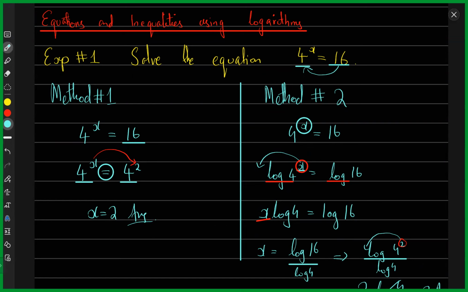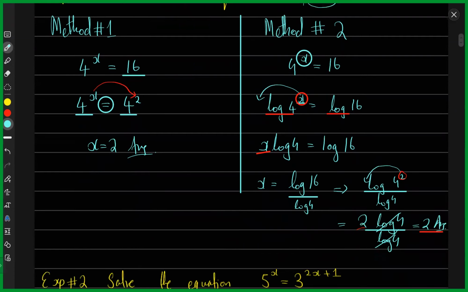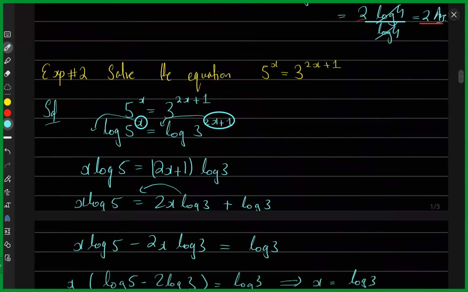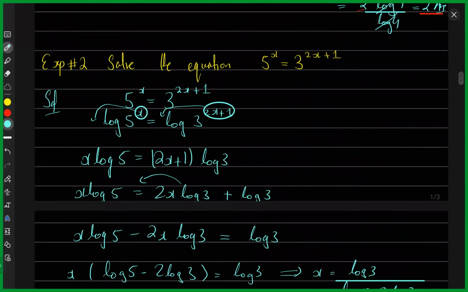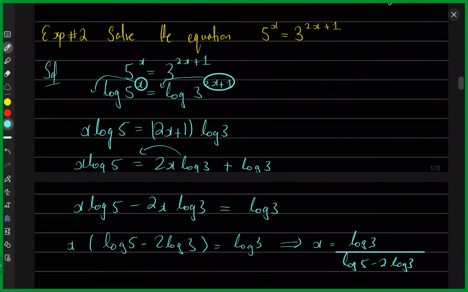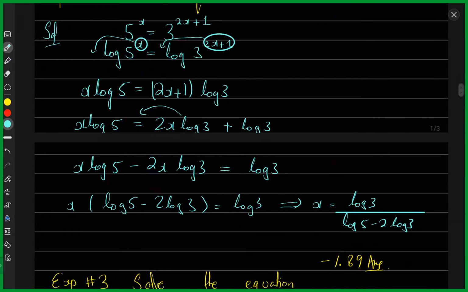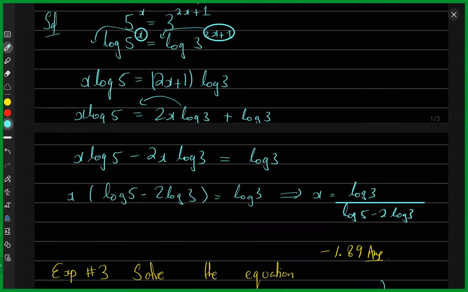When we apply log, the power is basically multiplied on the other side, and then we are able to make x the subject. And then again, this did not have log initially, but in order to solve this, we had to take log on both sides. And then by simplifying, we got x as the subject. We were not able to cancel logs over here. And this can certainly happen. So we just used our calculators and we ended up getting negative 1.89.